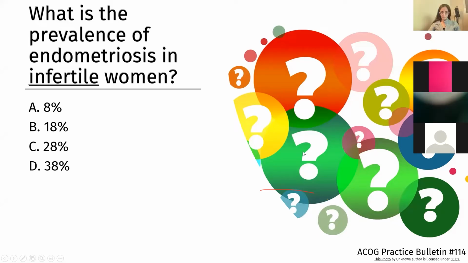Okay, 3, 2, 1, go. Okay, great. Okay, go ahead and go to the next slide, please. So for those of you all who said D, it is 38%. And next slide, Suyan.